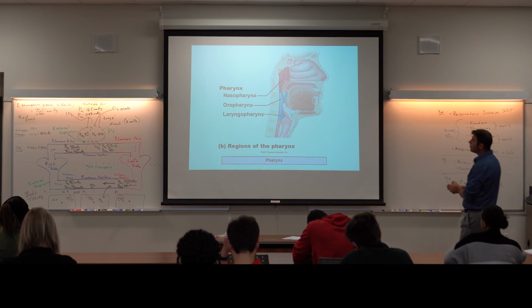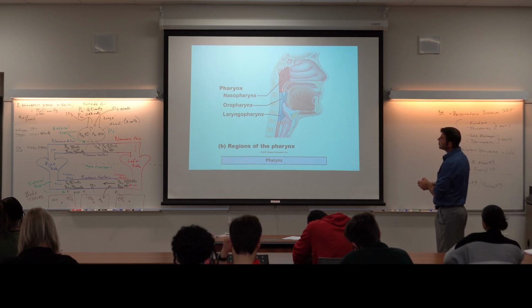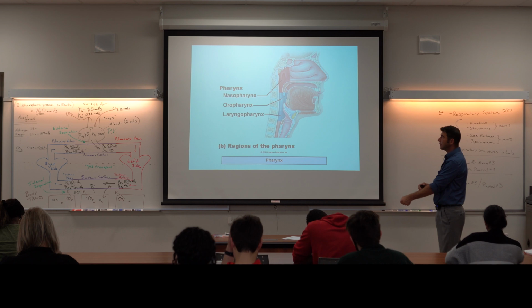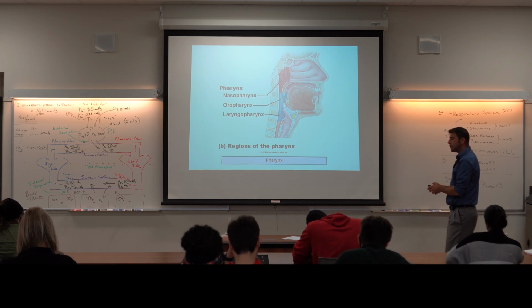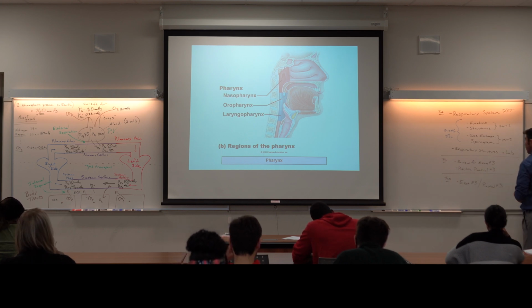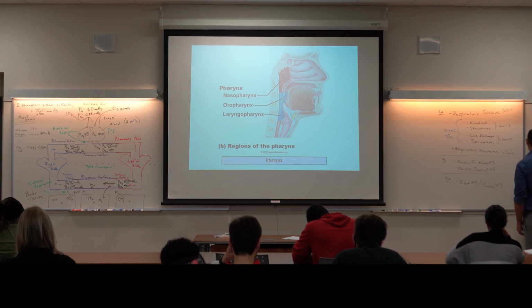What's interesting is that all these parts of the pharynx are going to be covered in stratified squamous epithelial tissue, just like the surface of your skin. But as we start to enter this respiratory tree, we're going to see the layers of epithelial tissue change. We don't have to do this yet, but it's interesting.